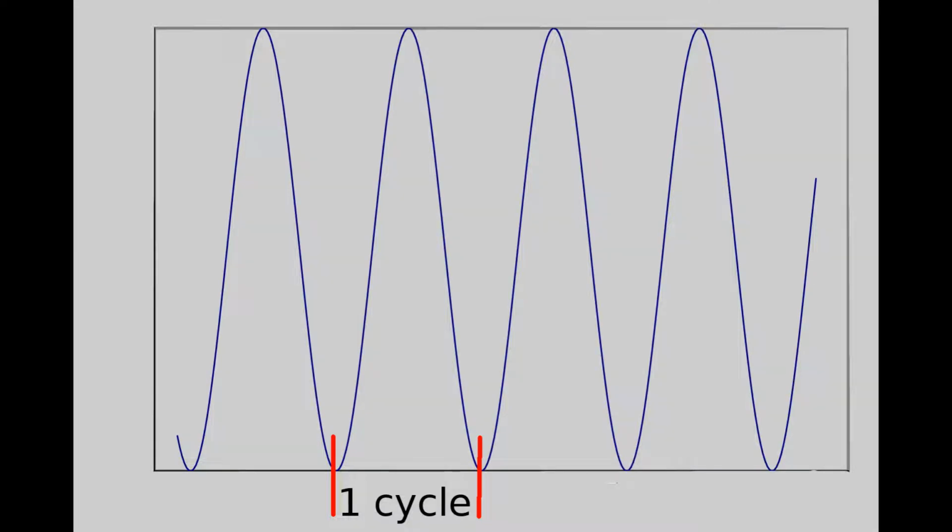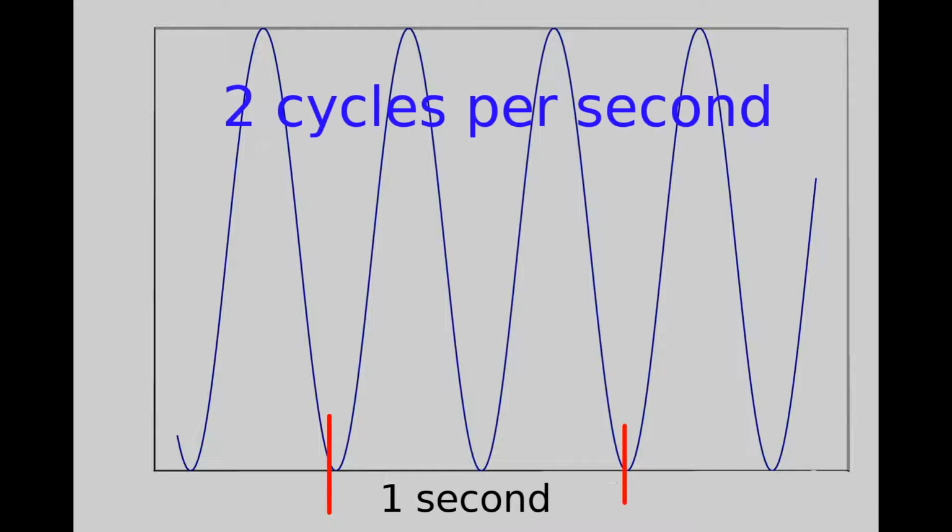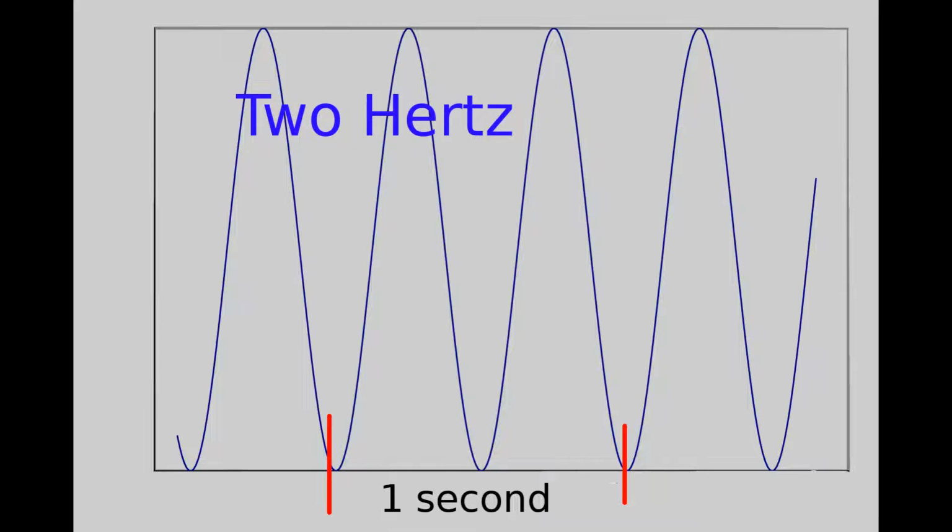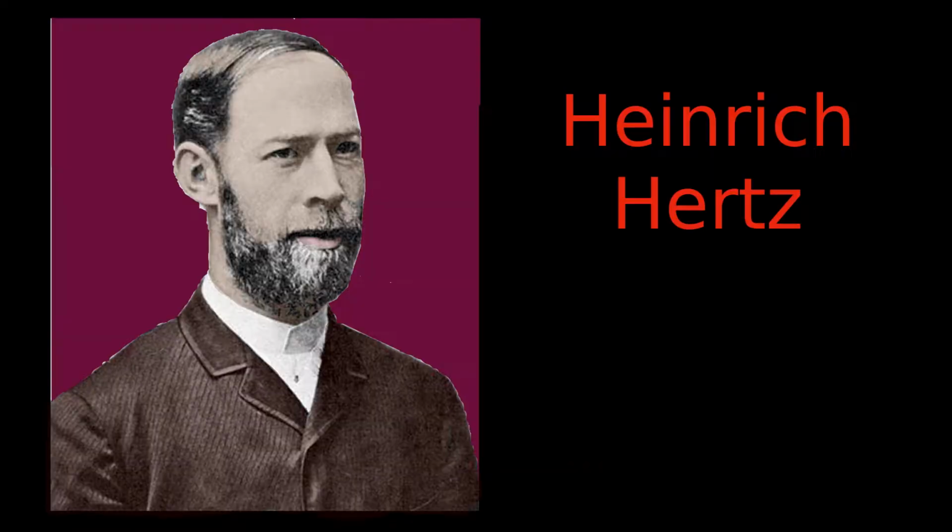Frequency is usually measured in cycles per second, which is the number of repetitions of the signal in 1 second. 1 cycle per second is called 1 Hertz, after Heinrich Hertz, the first physicist to experiment with radio. It is possible to convert from one measurement style to another in several ways.